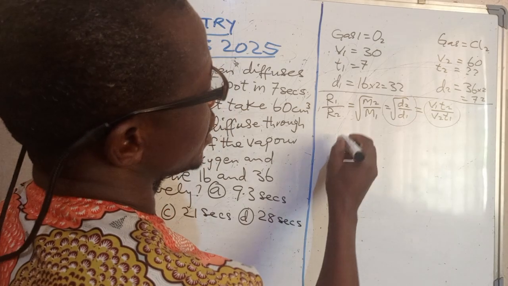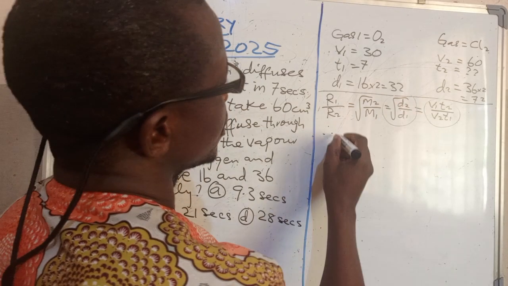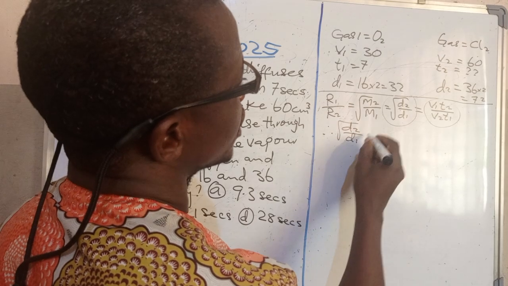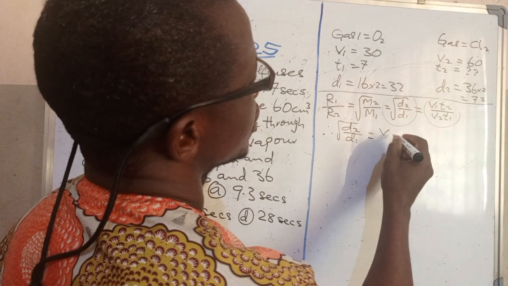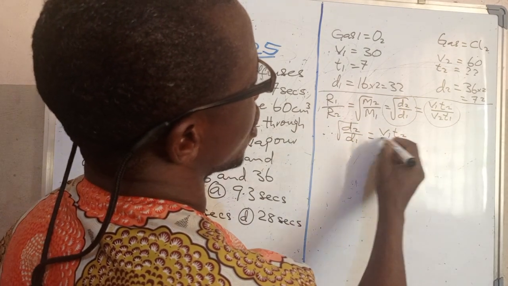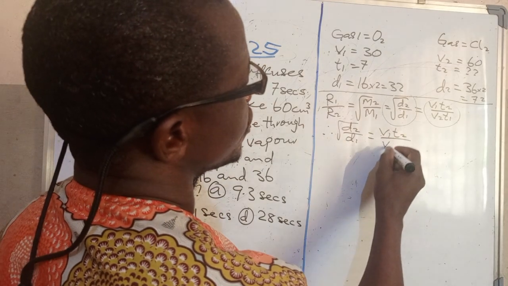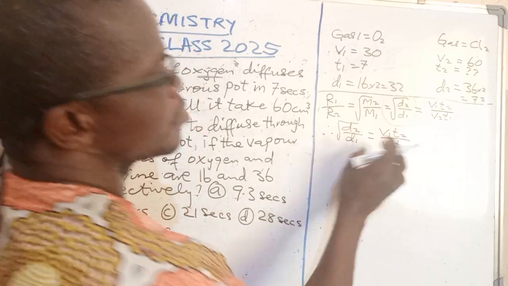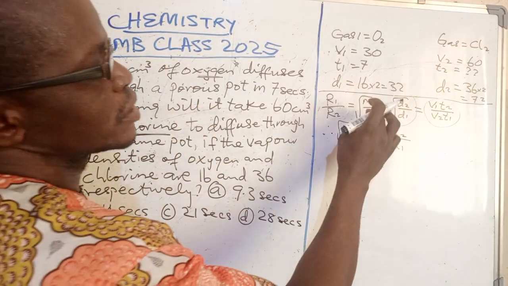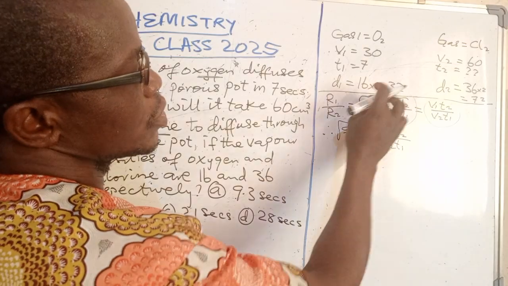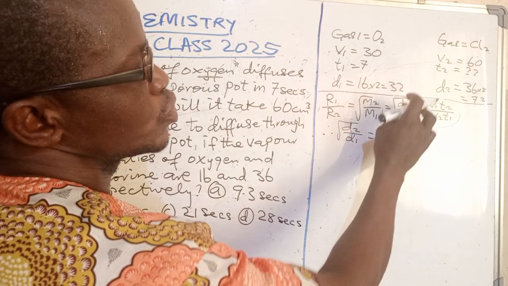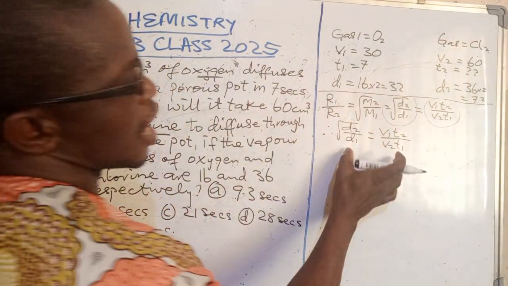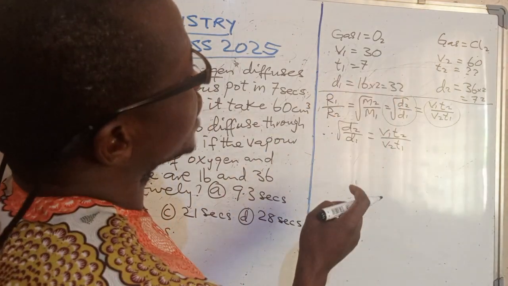So I will now say, therefore, the root of D2 over D1 equals V1 T2 all over V2 T1. Note how they are arranged. They are not always R1, R2, M1, M2. Check the way I arrange them. Now let me substitute them.